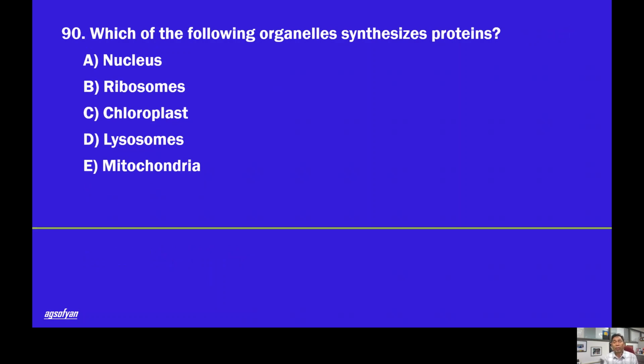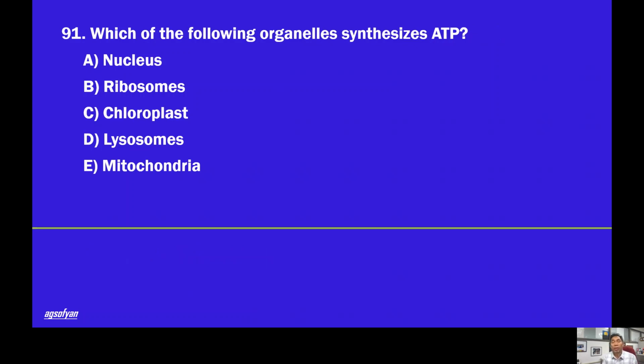Which of the following organelles synthesizes proteins? Nucleus, ribosome, chloroplast, lysosome, mitochondria. Choose your answer. Yes, ribosome has a function to synthesize protein. So ribosome.